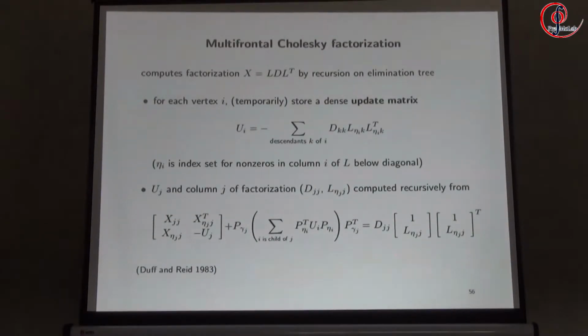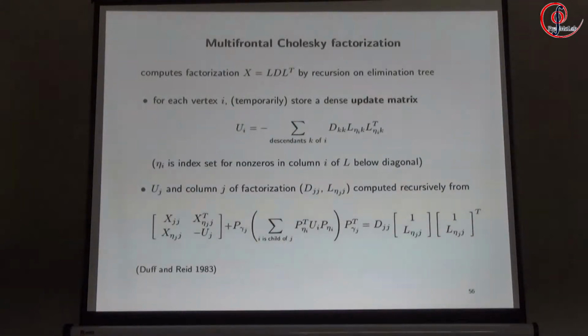This is column J of the Cholesky factorization and the diagonal. The other terms in the equality involve the update matrix at J, the node of the column that you're factoring, and then the update matrices of the children of J in the elimination tree. So you have this equation, but using this notation for update matrices.